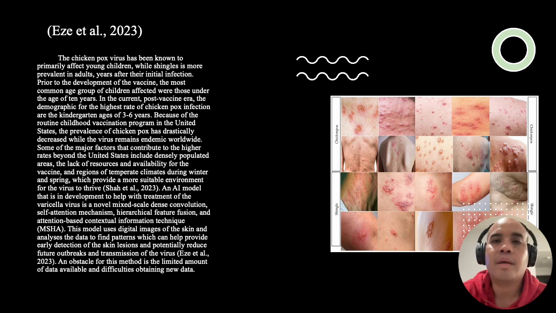Some AI or artificial intelligence models that are in clinical research and studies are methods to detect patterns within the development of chickenpox or shingles. So you're able to detect and treat it earlier.